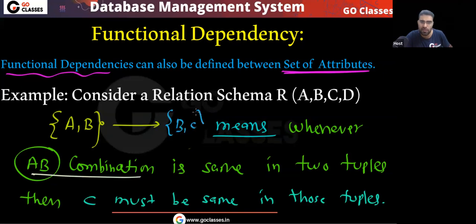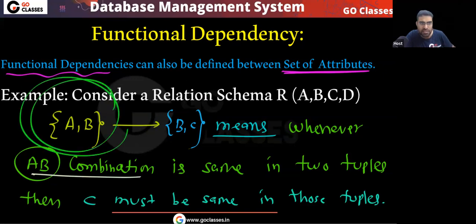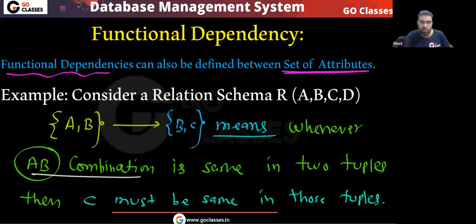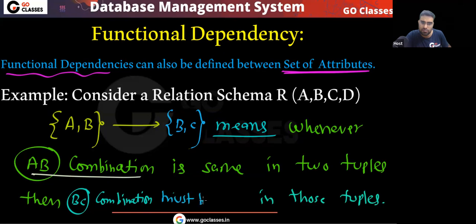That means that whenever this entire combination is same in two tuples, then this BC combination also must be same. Yes or no? Understood? Is this clear?